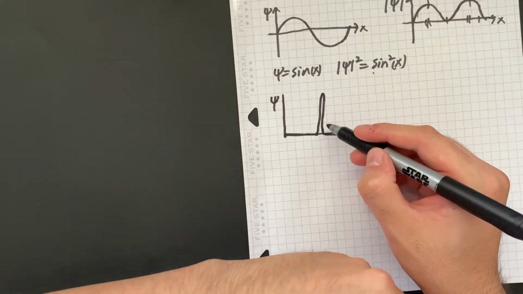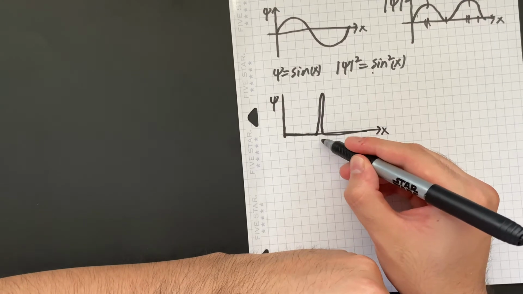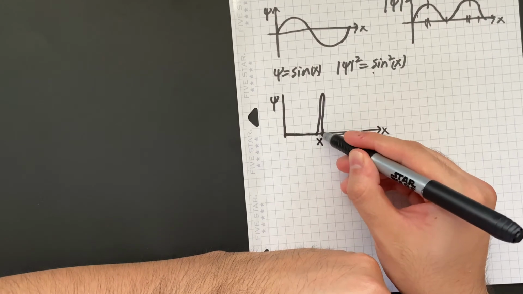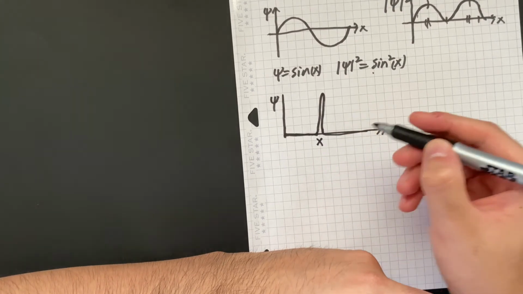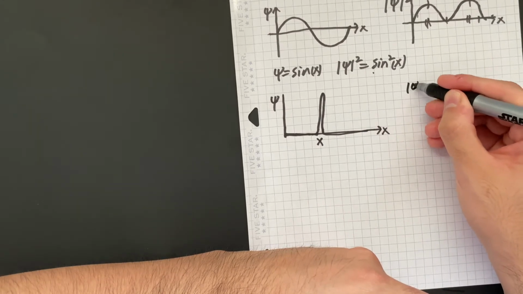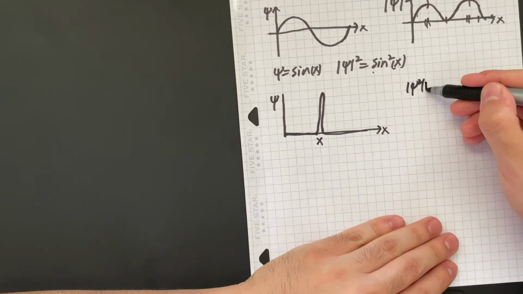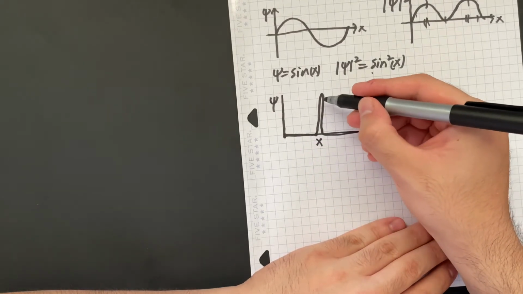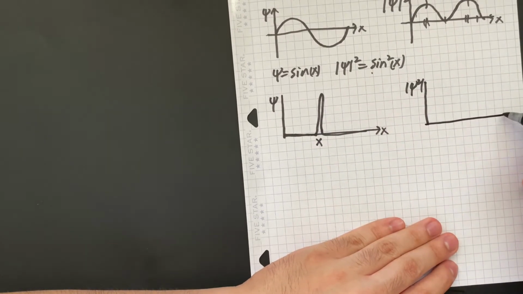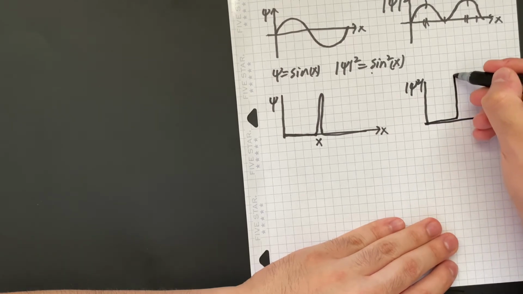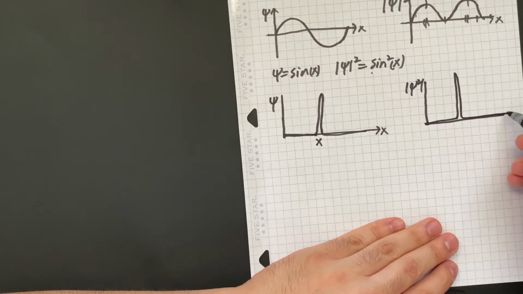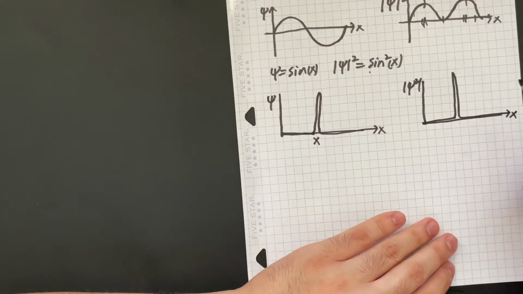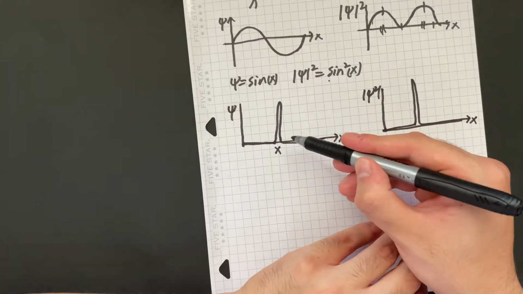Psi squared still, if you square 0 a bunch, it's 0. If you square infinity, it's infinity. So we just still get another delta function. So our probability is exactly the same.